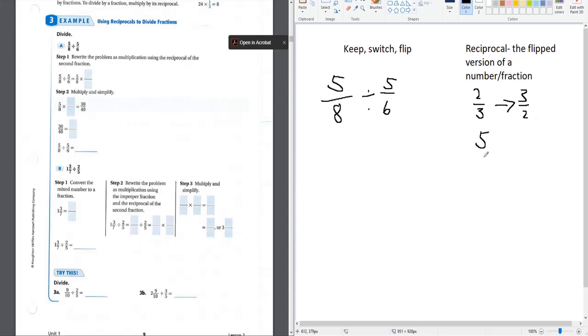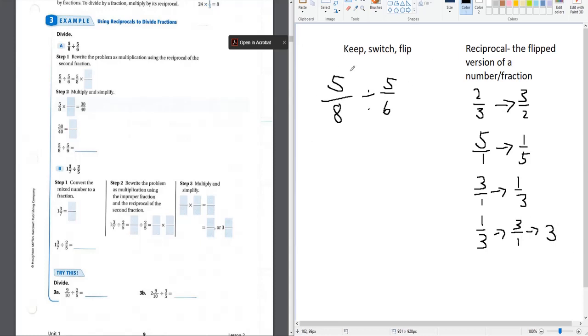Well, all whole numbers are over 1, because anything divided by 1 is itself, right? So 5 over 1, 6 over 1, 7 over 1, those are all how you would write a whole number. So the reciprocal of a whole number would be 1 over 5 for this one. Or for 3, again, you just put it over 1, so 3 over 1, and then the reciprocal of 3 over 1 is 1 over 3. Or you can just write it as 3, that's fine too.